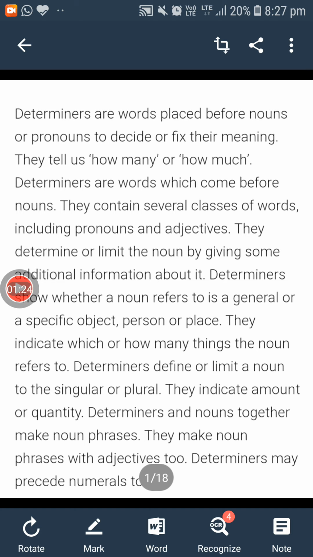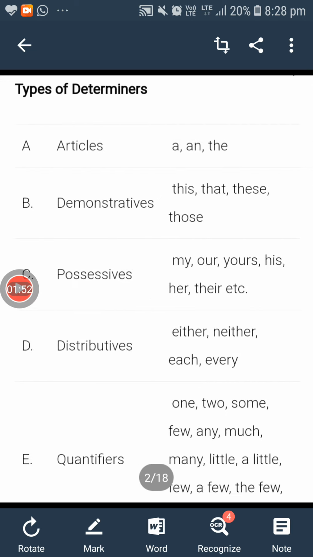Determiners are of different kinds and define or limit a noun to the singular or a plural manner. They indicate amount or quantity also. Determiners and nouns together make noun phrases. They make noun phrases with adjectives too, and they precede numbers also. So this is about the determiners.